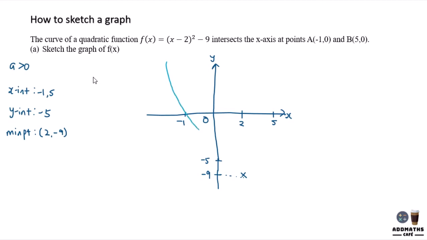It passes through negative 1, passes through negative 5, goes toward the minimum point, and goes up and passes through 5. This line will be your axis of symmetry, and this will be your minimum point at negative 9. So this is how you sketch a graph.